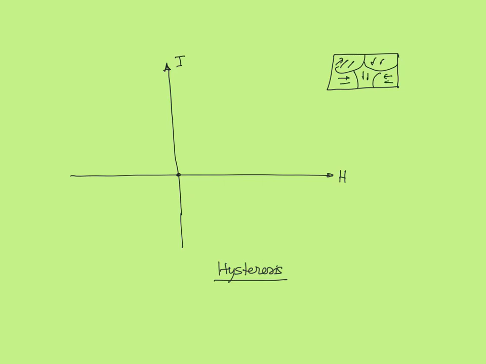That is the state before any external field is applied. Now the external field is applied, so B external is equal to mu 0 H, and B atomic is equal to mu 0 I. If you apply the external field, gradually when almost all the atoms are aligned, it attains a saturation state. This spot is known as the saturation state.